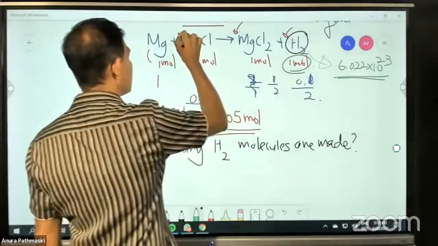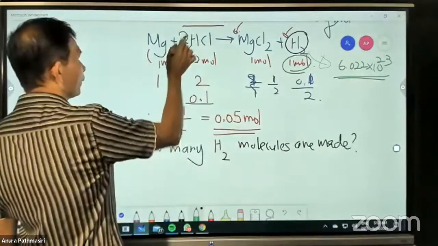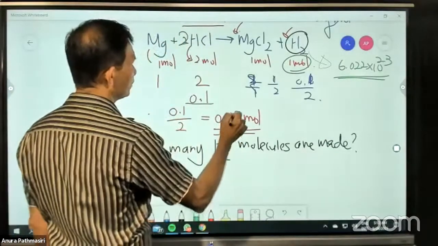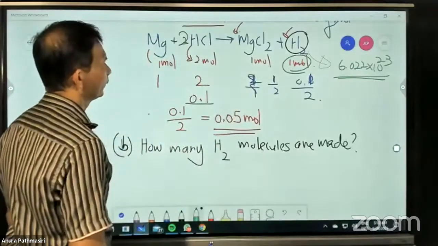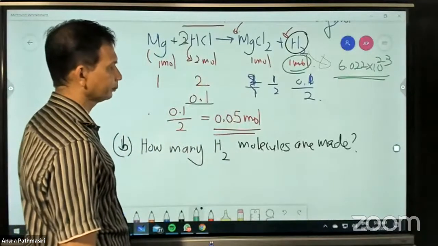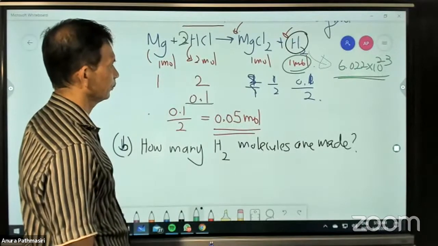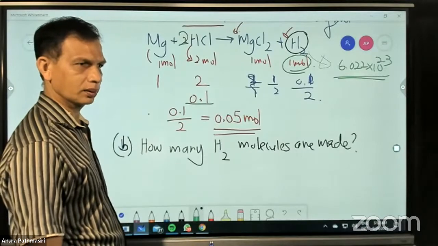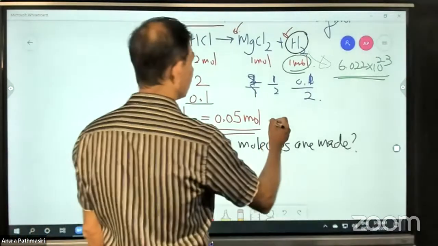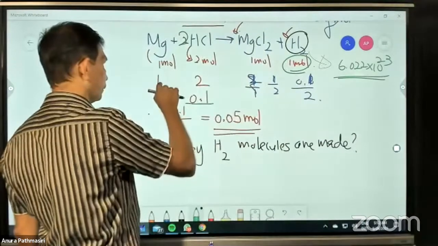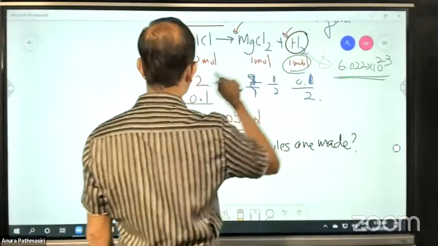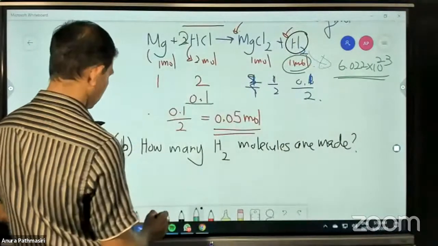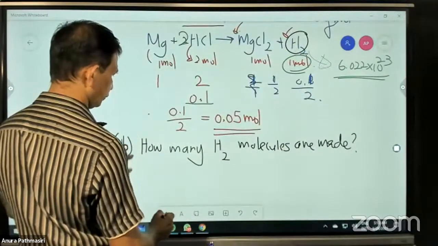But as there is 2 over here, magnesium will be half of that. That means 0.05 mole. Am I correct? Then the same amount, if you say magnesium 1 mole, hydrogen 1 mole, the same amount will be also the hydrogen.